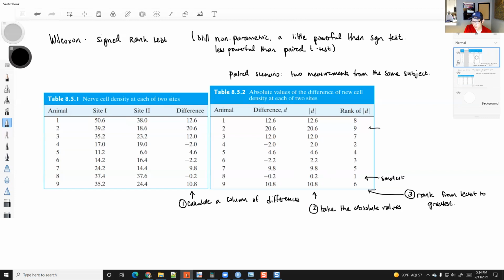And this is basically the greatest absolute difference. Okay, so this is what we have. This is the rank of the absolute values of the differences.